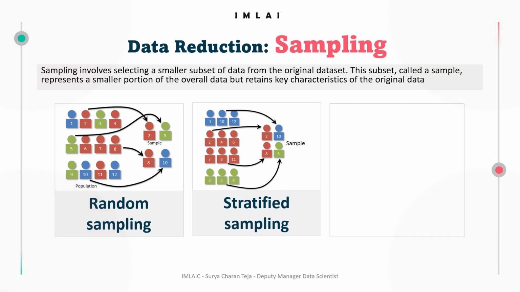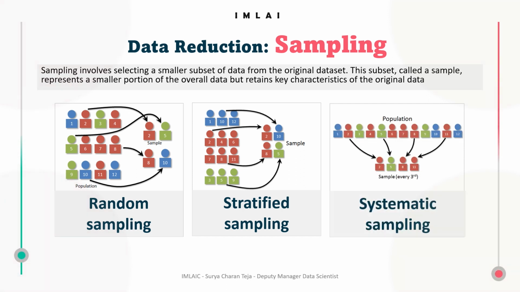Then we have the systematic sampling. We will be looking into the systematic sampling now. Systematic sampling involves selecting data points at fixed intervals from the data set. For example, every nth data point can be selected. Here you see this on the screen.